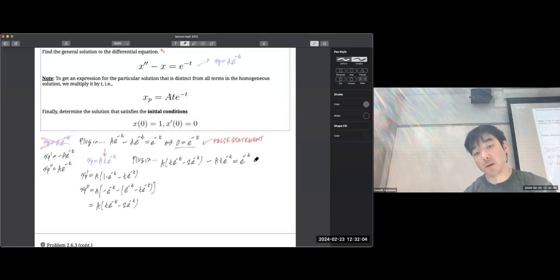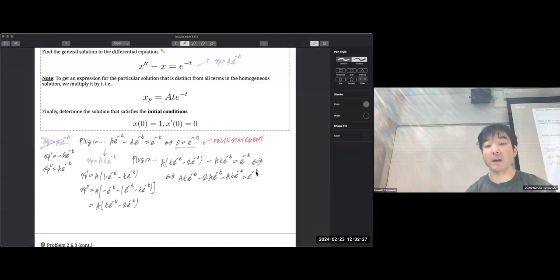And I'm just going to multiply everything out. So on the left-hand side, it's going to be capital A t e to the negative t, minus 2 capital A e to the negative t, minus capital A t e to the negative t, is equal to e to the negative t.